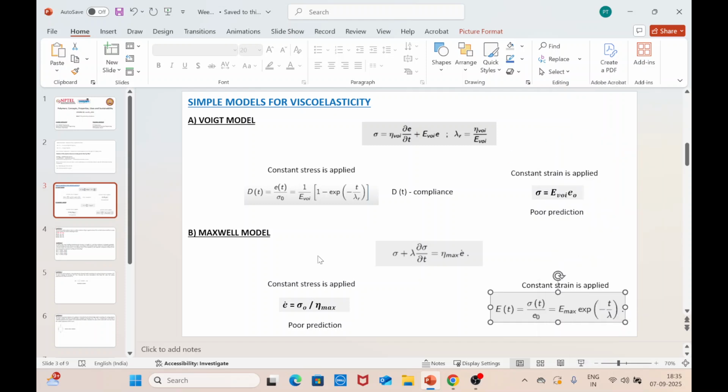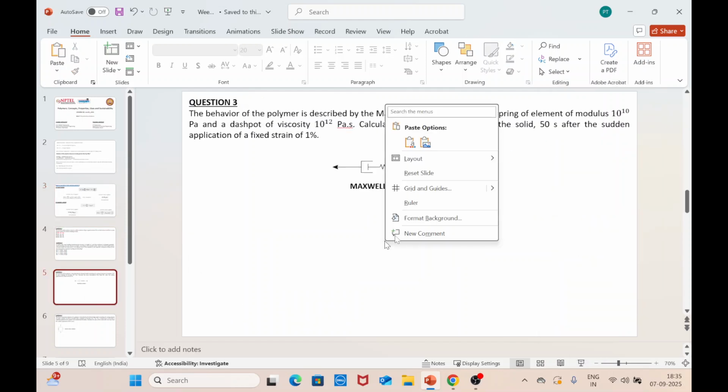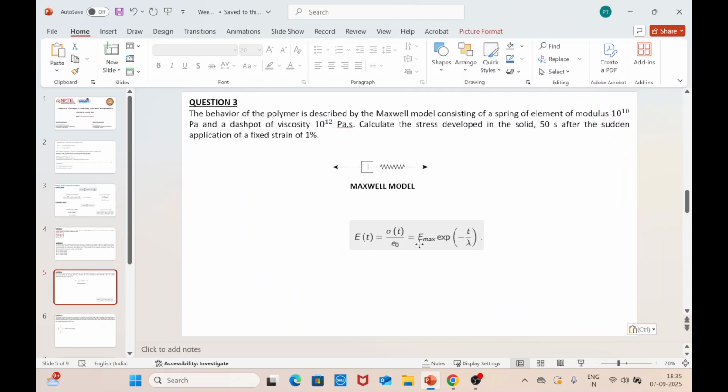So you'll be using this equation. Here E_Maxwell basically means that it is the modulus corresponding to that particular model. So it's not something else.